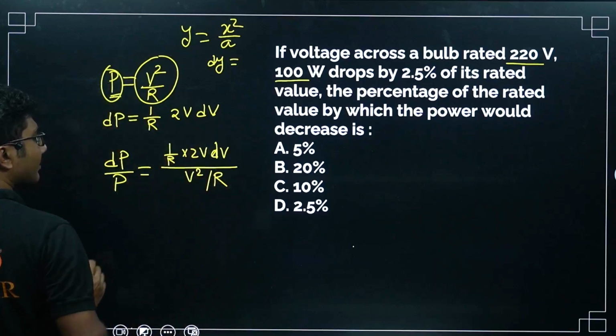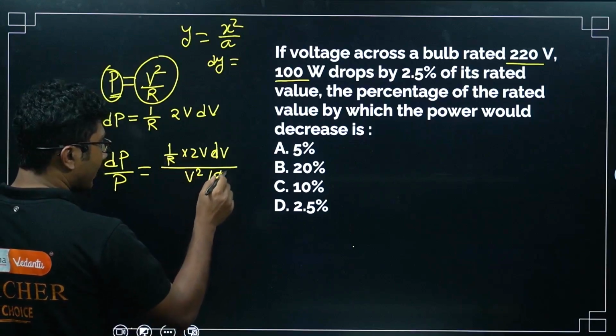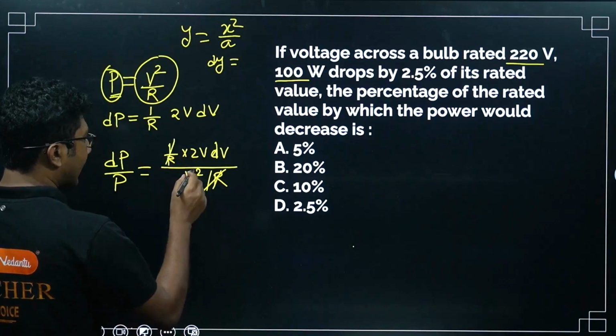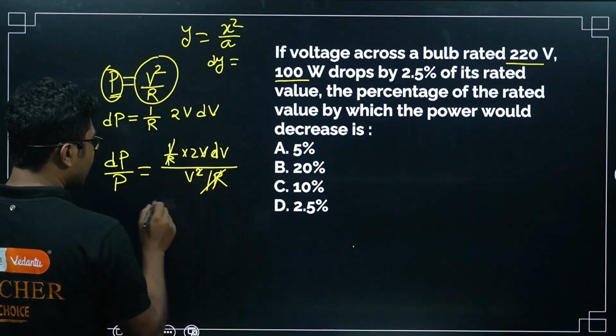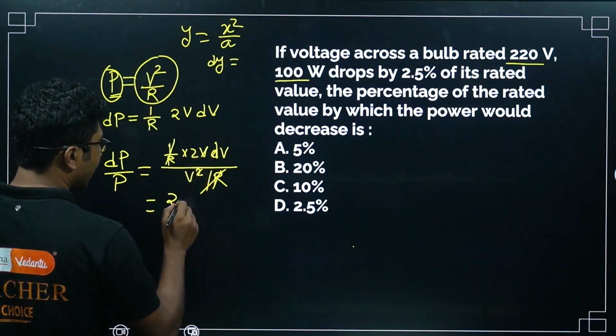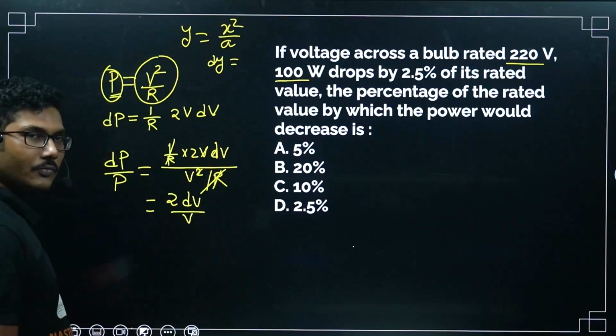Now we will cancel whatever is cancelable. 1 by R is here, this is also 1 by R, so this will cancel, and there was 2v here, one v will cancel, right? So on our right-hand side we will get 2 dv by v, right?